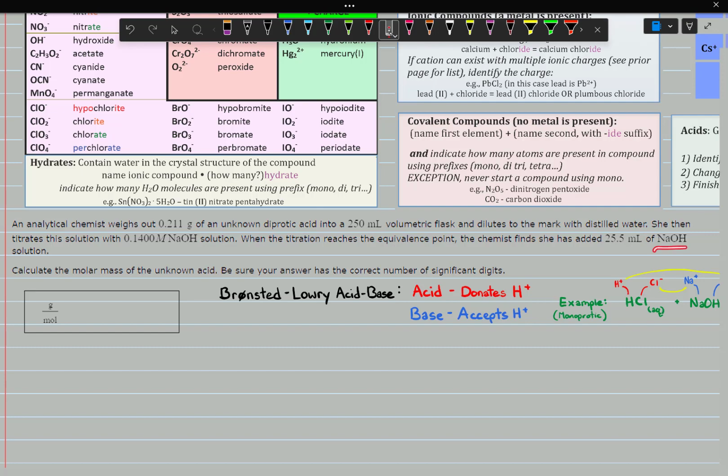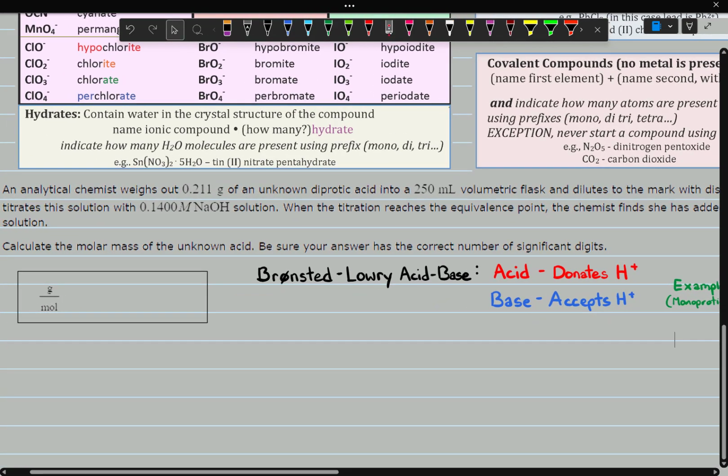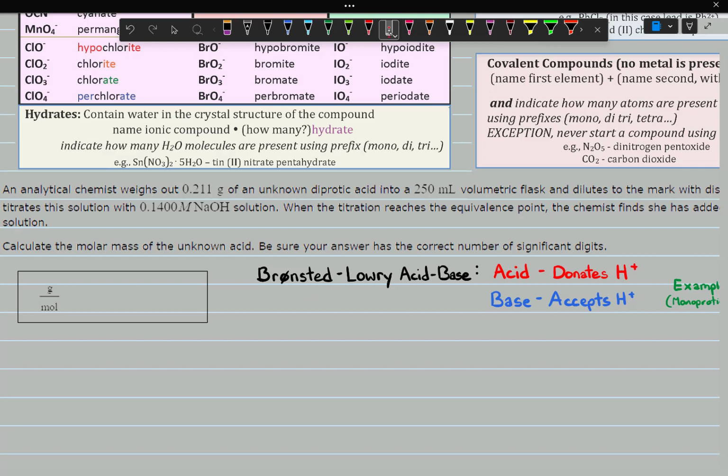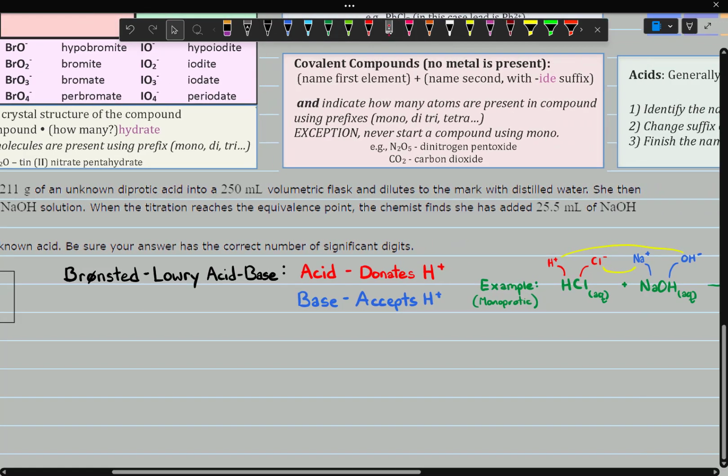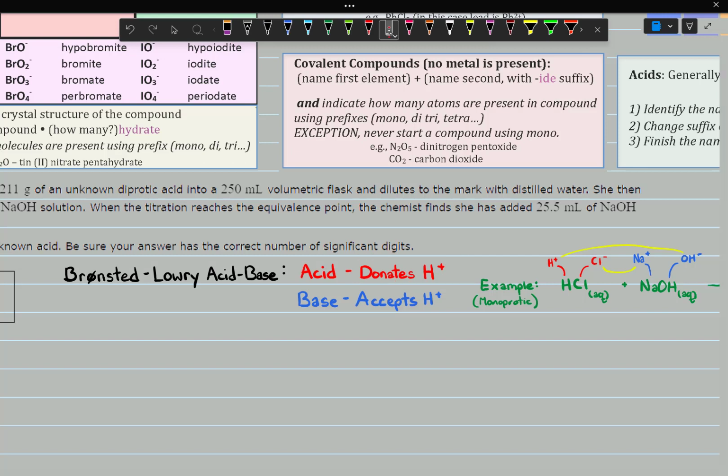which is our base. So to start off, I just want to remind us of the Brønsted-Lowry acid-base definition of what an acid and a base is. An acid is something that will donate a hydrogen ion, and a base is something that accepts a hydrogen ion.